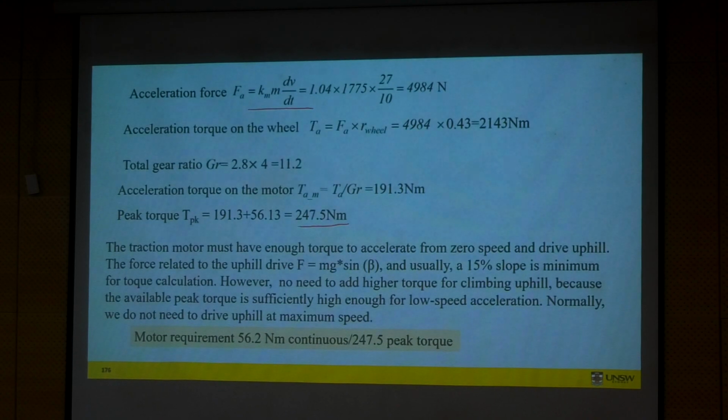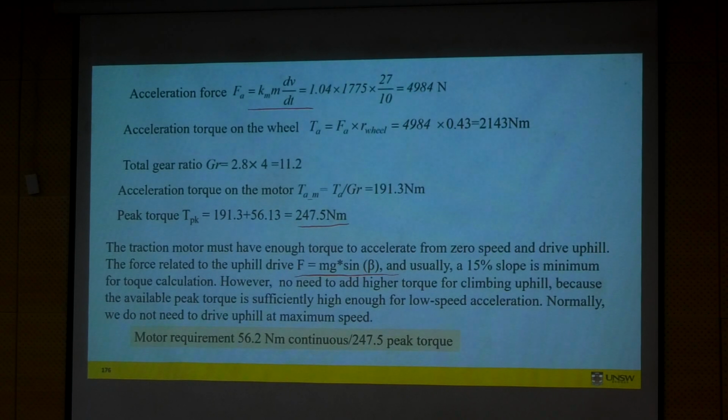And usually they ignore the gravitational force related to the slope, because you only do this rarely, and it is assumed that for that short period, the peak torque we are considering should be sufficient to handle that force for the short term.